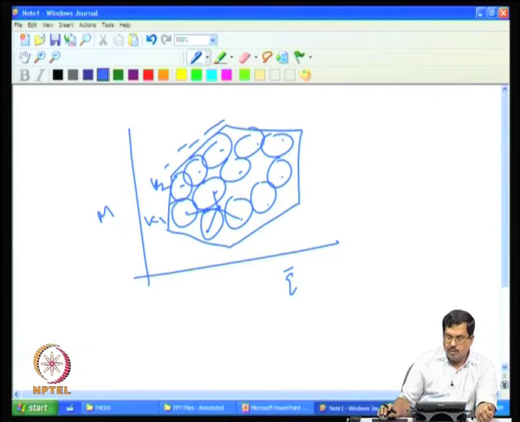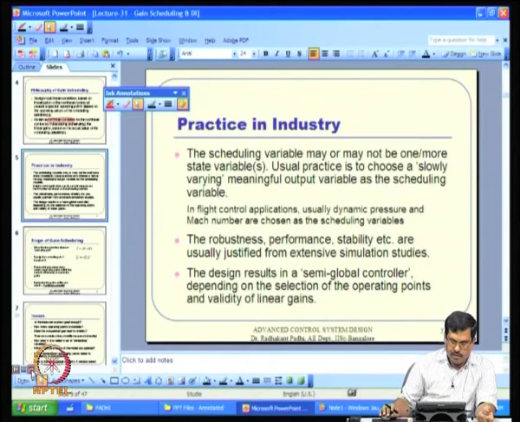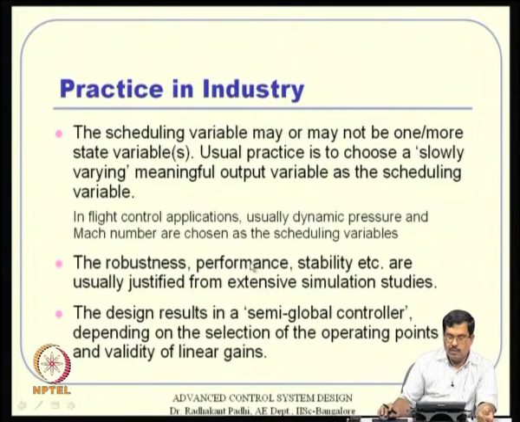So, the moment you interpolate these gains, the interpolated gain need not have all those robustness benefits actually. Even the performance condition may not be met simply because of interpolation. So, because of this difficulty, what is typically done is that robustness, performance, stability, etc., are usually justified from extensive simulation studies. Okay. So, this is what is practiced in industry actually.